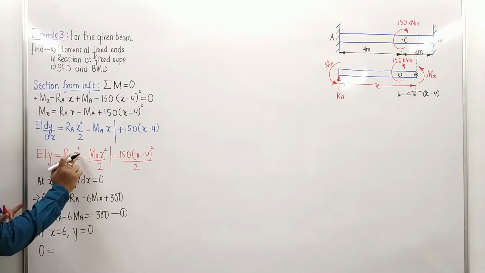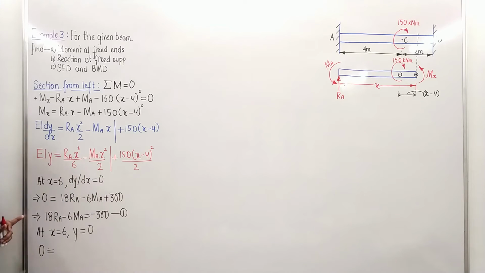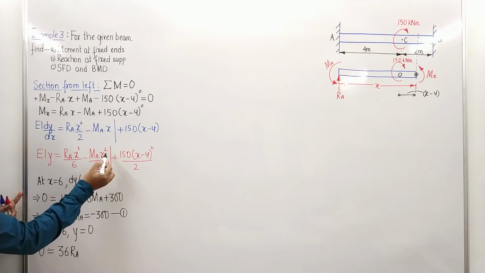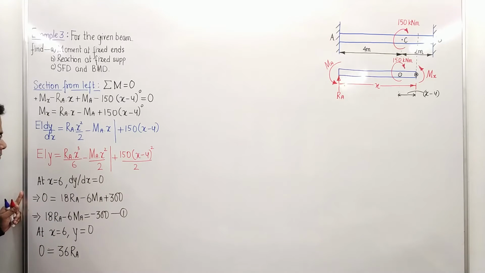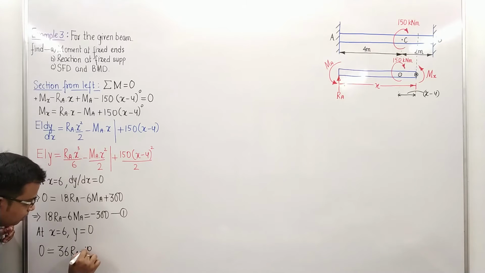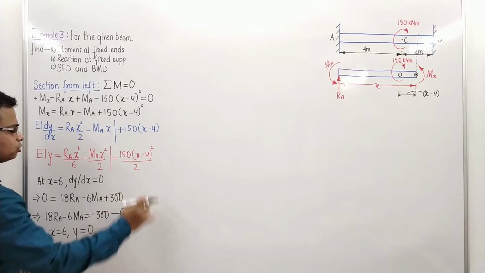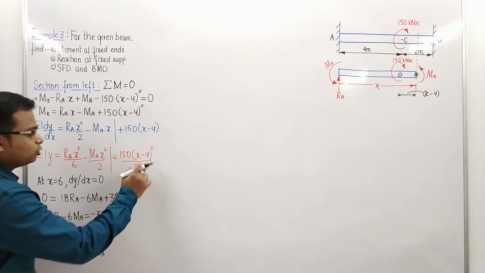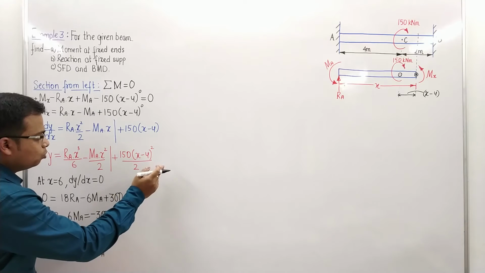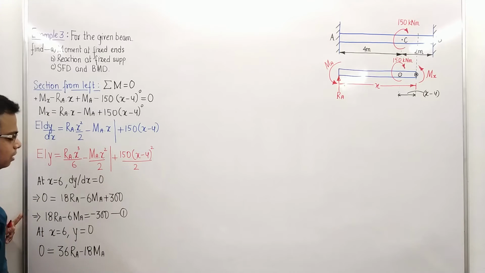So this is going to be 6 into 6 into 6, 6 and 6 will cancel out, 2 sixes will remain. So this is going to be 36 RA. What about this? 6 squared is 36, 36 by 2 is 18, minus 18 MA. What else? 6 minus 4 is 2, 2 into 2 by 2, so that's 2. 150 into 2 is 300.